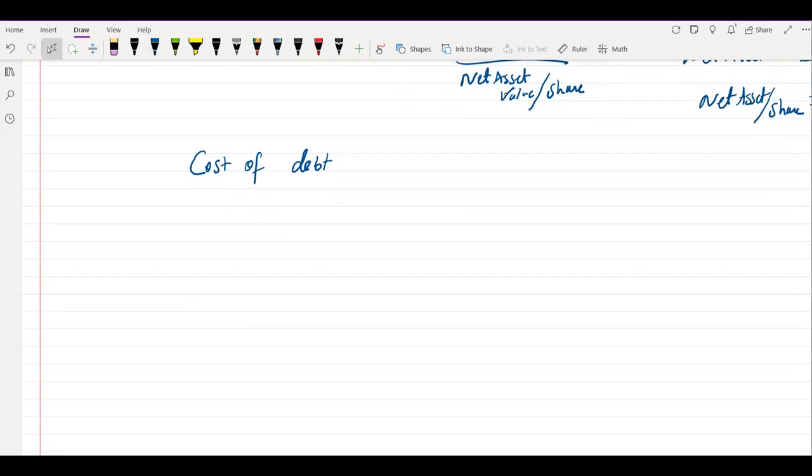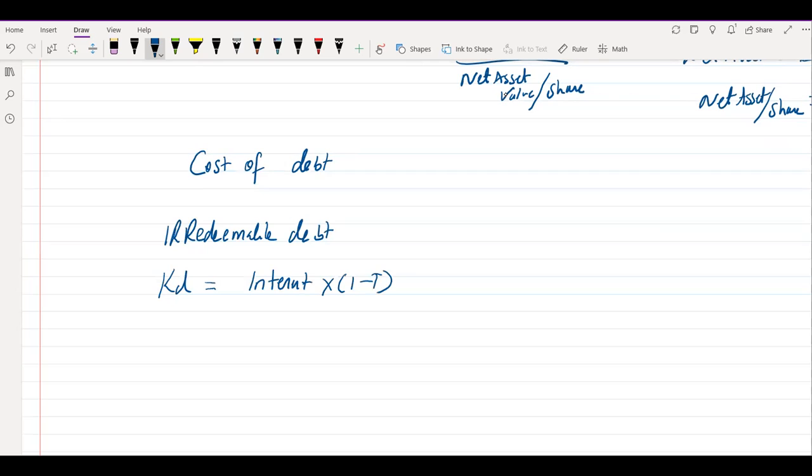If there is an irredeemable debt in the exam, remember its formula will be KD is equal to interest amount into 1 minus T, divided by market value. Market value will always be the denominator. So in irredeemable debt, you will take interest into 1 minus T divided by market value.